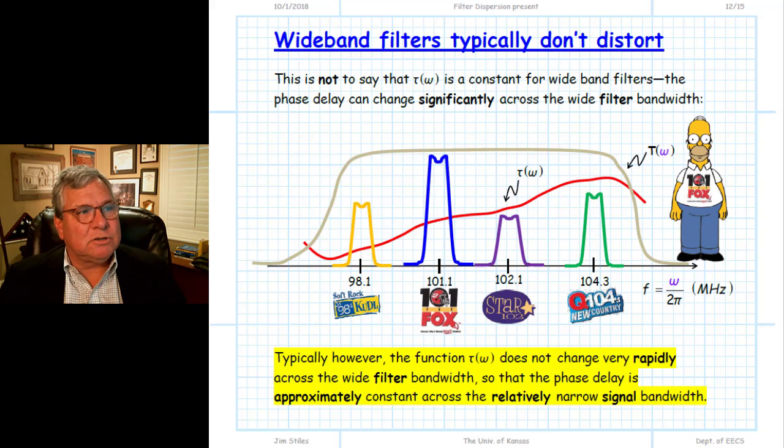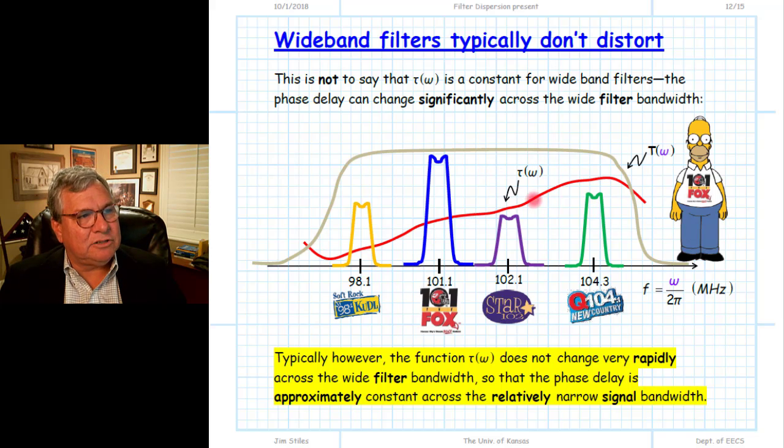Because for wideband filters, almost certainly we have multiple signals passing through them, like the preselector filter, and each of the signals passing through has a much narrower signal spectrum than the 3 dB bandwidth of the filter over which it's passing. So let's say this is the delay function with respect to frequency for this particular filter.